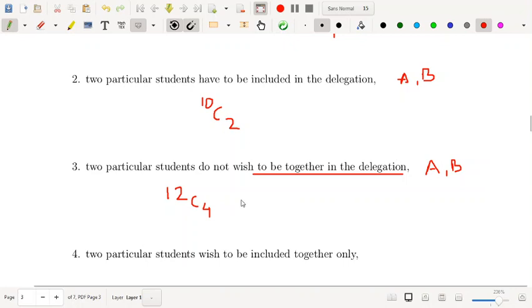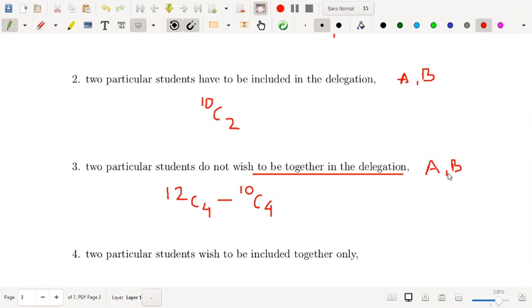If you subtract this, you will get the answer for the case where they do not wish to be together. So your answer will be 12C4 minus 10C2.